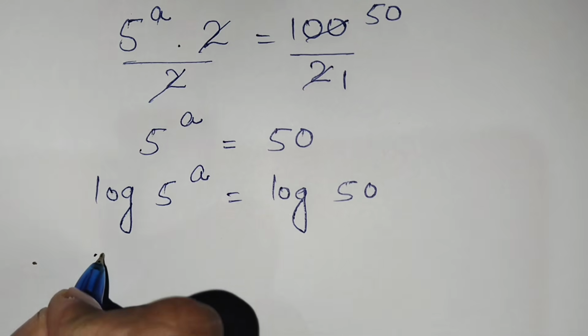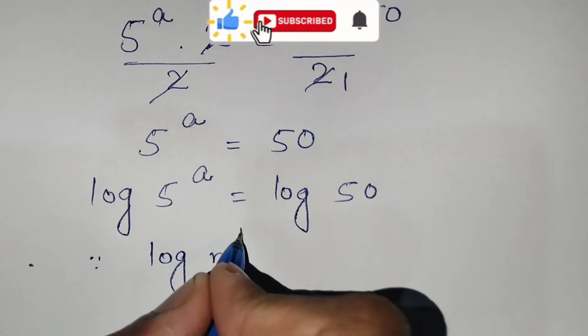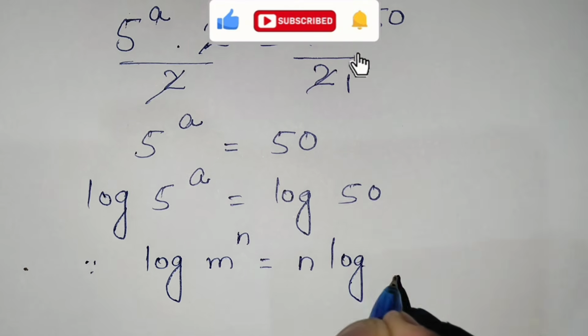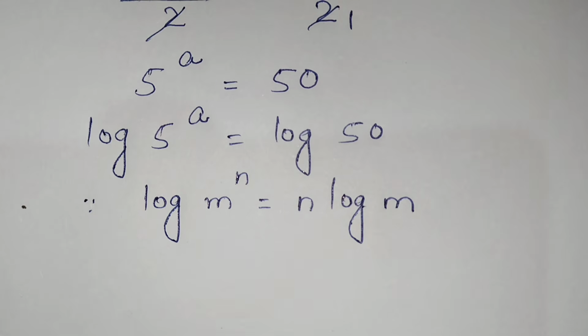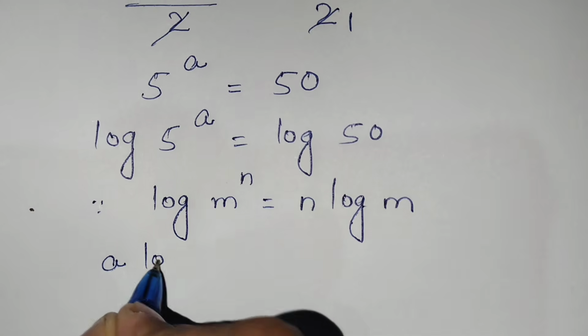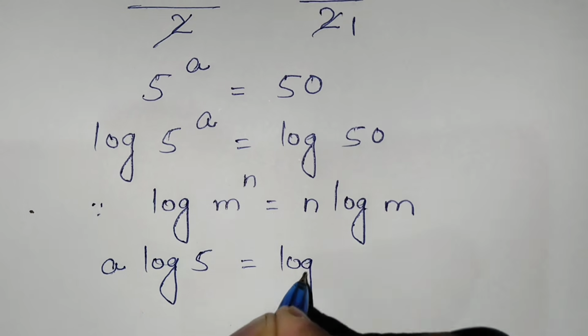What is the power rule of log? Log of m^n is equal to n times log of m. So it will be a times log of 5 is equal to log of 50.